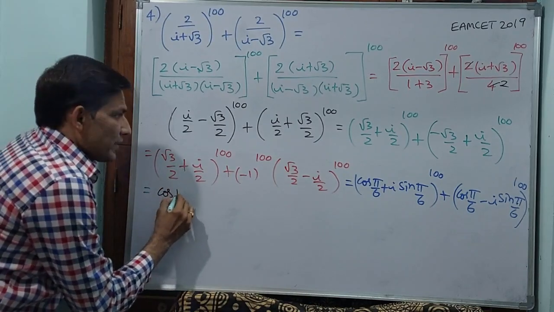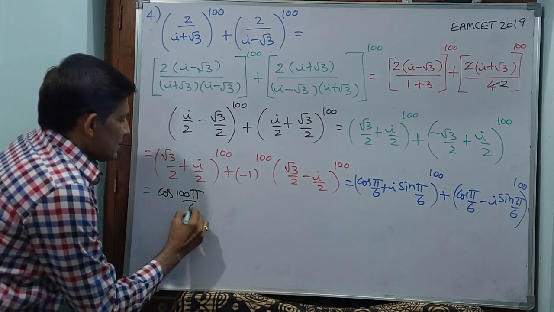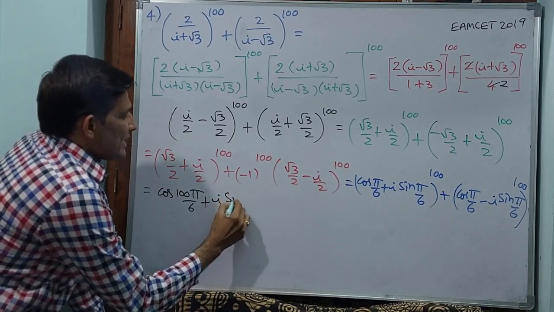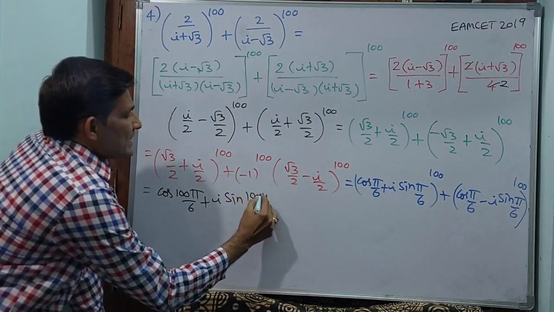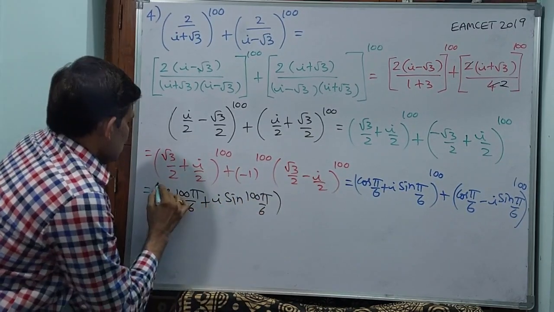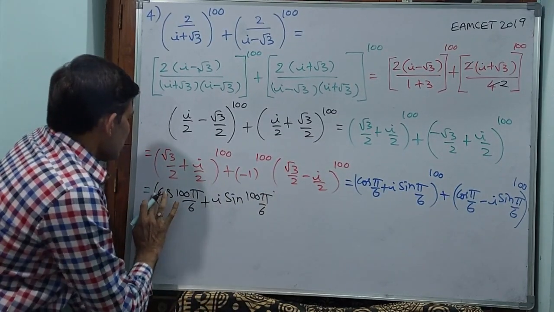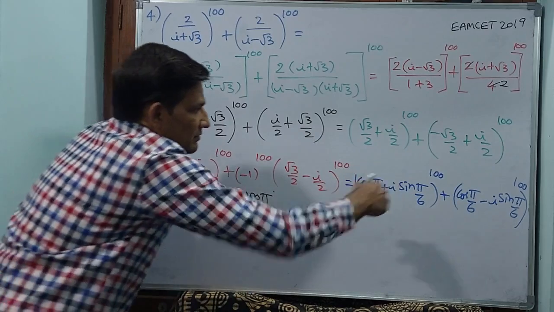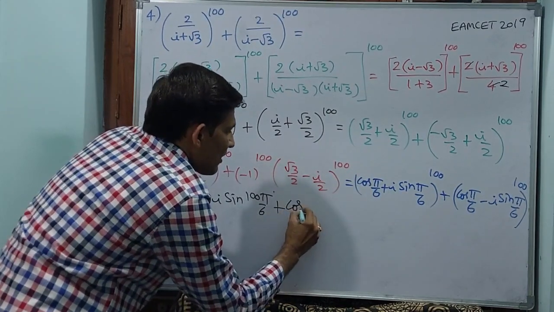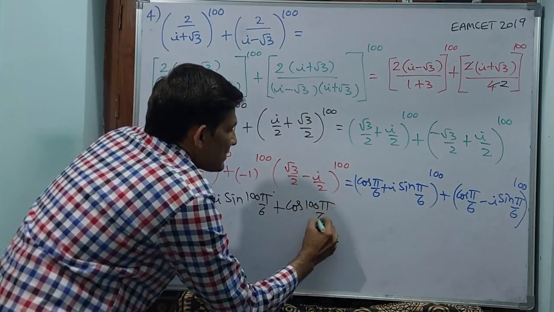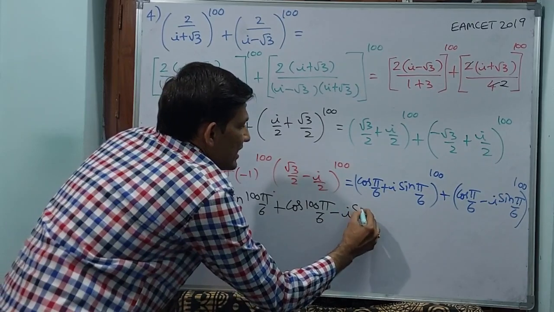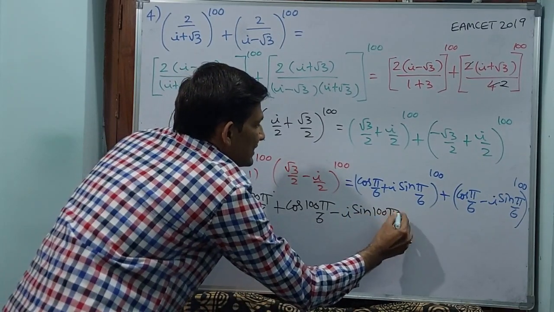Cos 100 pi by 6 plus i sin 100 pi by 6. Now when you expand, you need not keep this parenthesis inside. Plus cos 100 pi by 6 minus i sin 100 pi by 6.